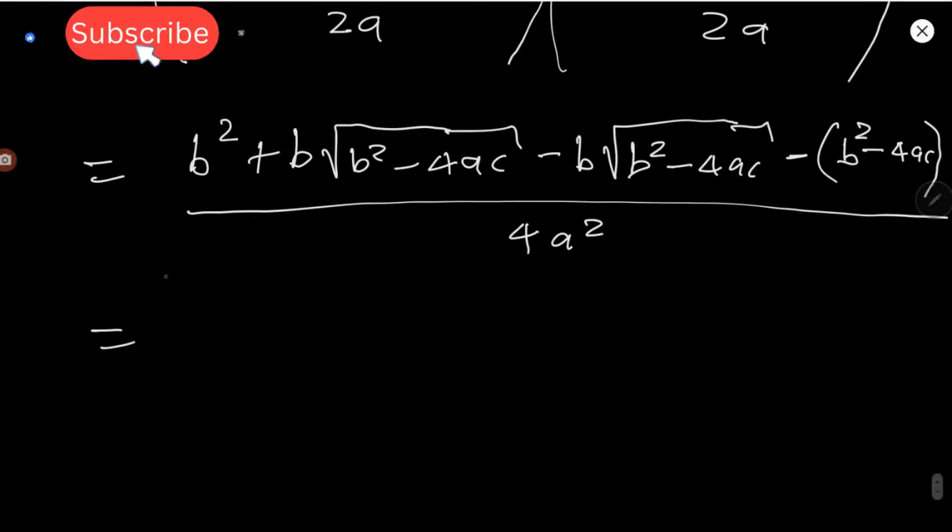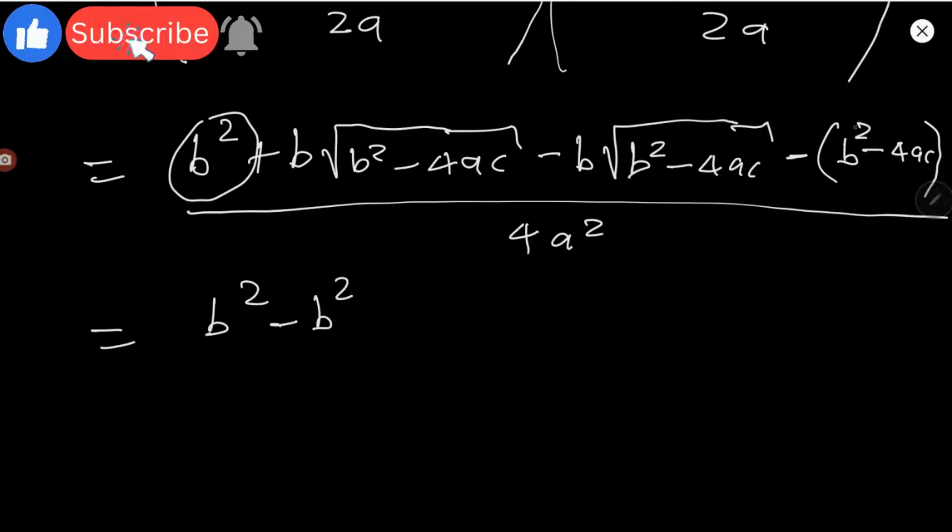So we'll have b squared. It will remain the way it is. So we have b squared, and then there's another minus b squared there. So we've taken care of this and that.